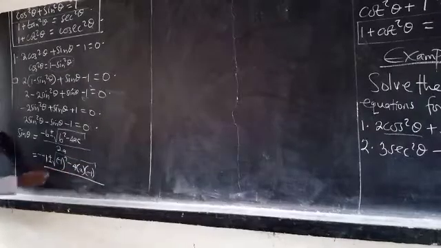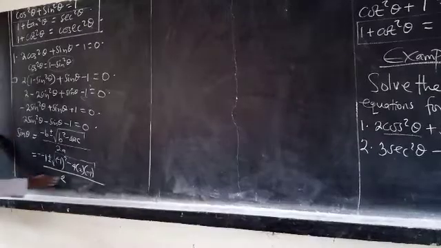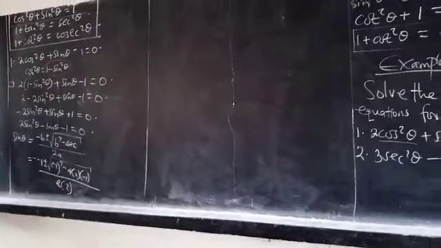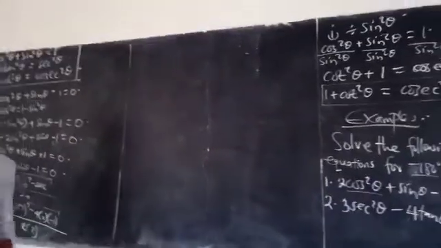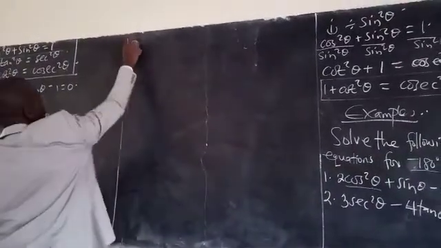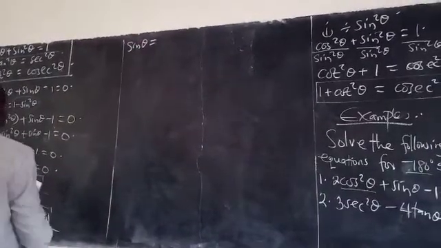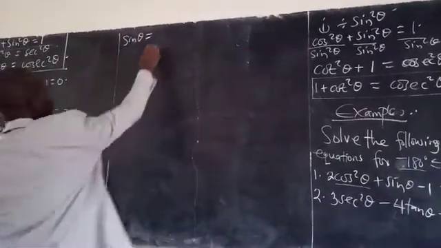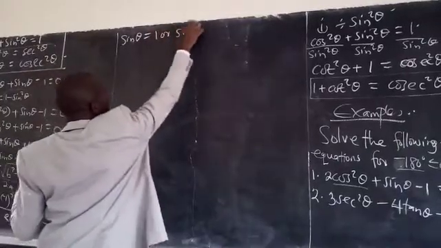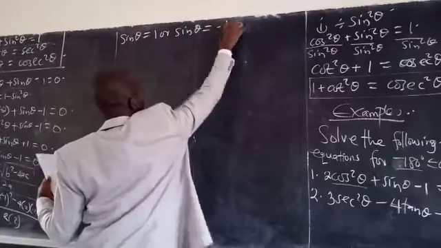Then the whole thing over 2a, 2 times a which is 2. And when you press the calculator, we shall have sin theta equals 1, or sin theta equals negative a half.